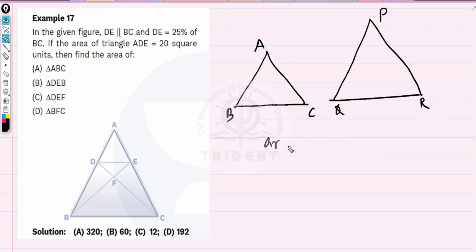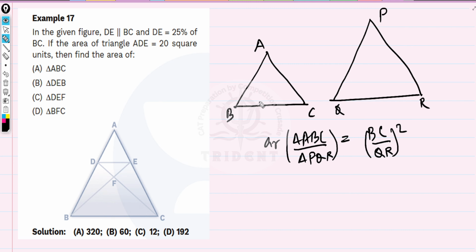In that case, the area of triangle ABC to the area of triangle PQR will be BC upon QR the whole square. These are the sides, whole squared. This is also true for the heights, the incenter, the circumcenter, everything. This is one of the properties that you need to remember.